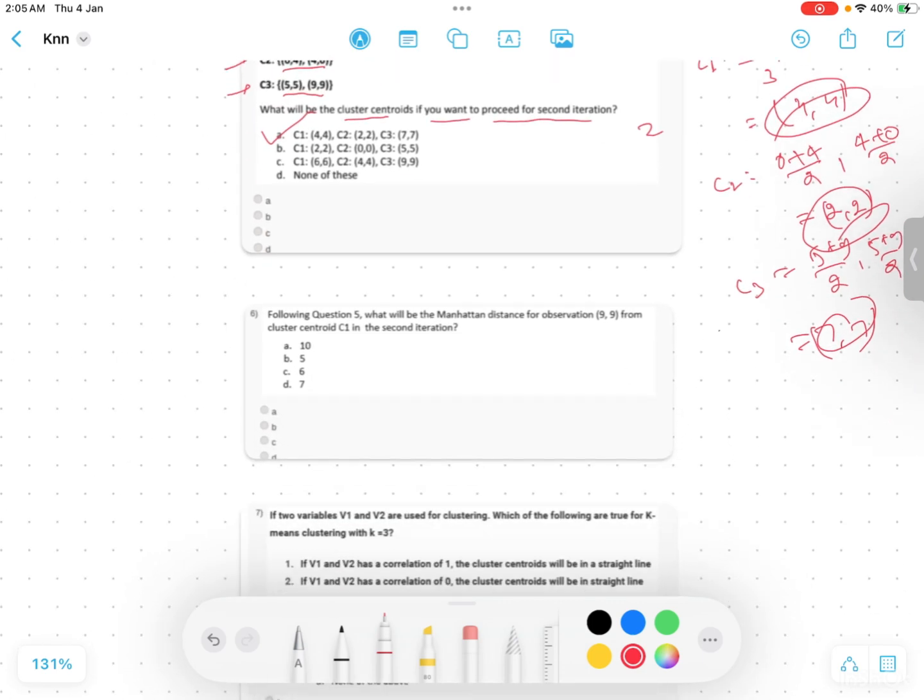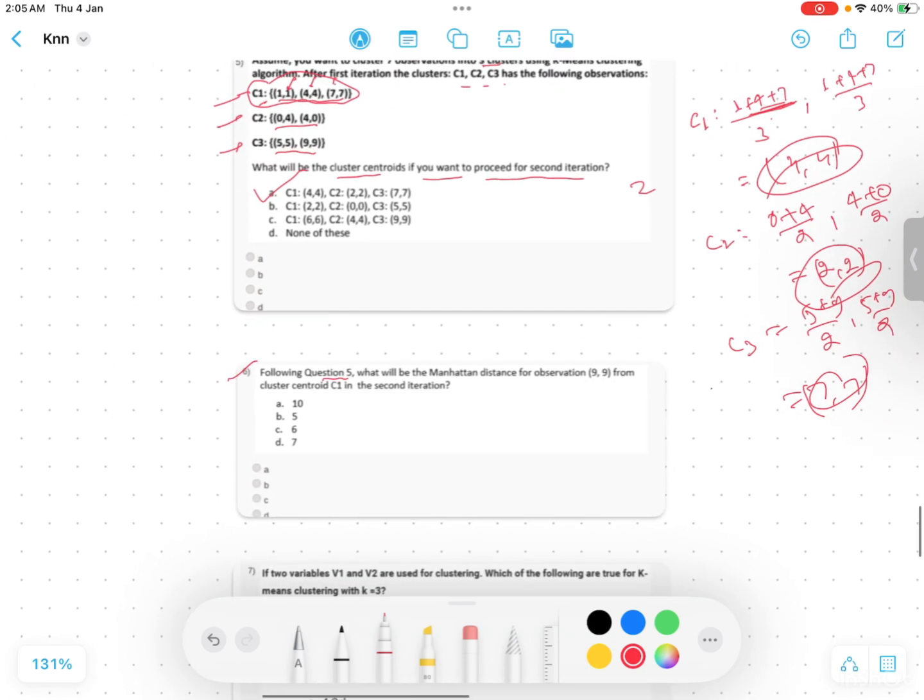And in the next question, following question 5, what will be the Manhattan distance for observation 99 from cluster centroid C1 in the second iteration? So now we will have to look at the Manhattan distance. Let's suppose this point is 99, and we will have to consider the centroid of C1.